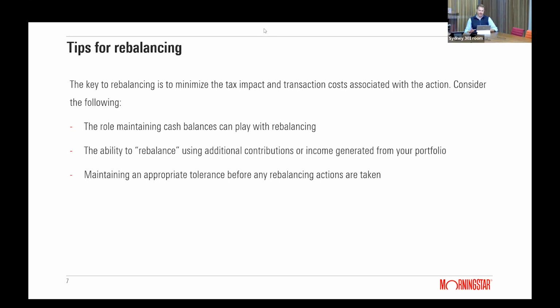The other thing I would say is Australians in general, just because of the value of real estate and the popularity of investment properties, I don't want to say over-allocated, but there's a large allocation to real estate. So as you're looking at different types of REITs, figure out what the drivers of those returns and the risks associated with the REIT versus a house are. They could be very different.